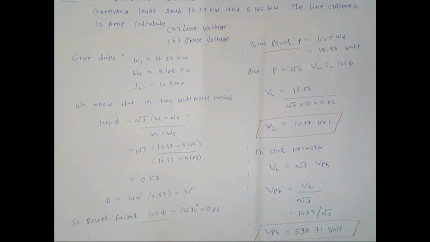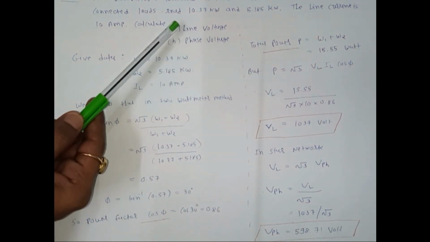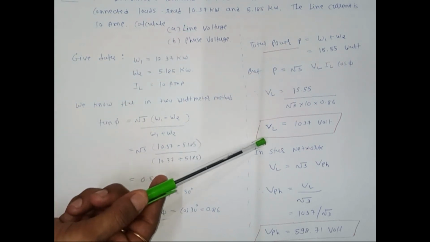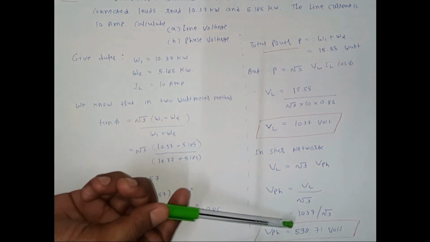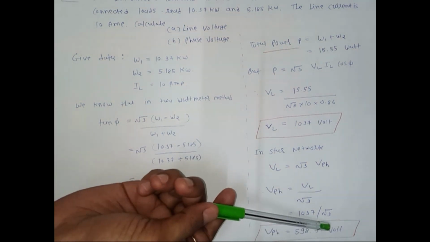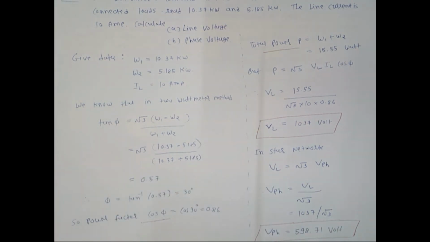So these two parameters: line voltage is 1037 volt and phase voltage is 598.71 volt. So it is also an important example based on this 2 wattmeter method.